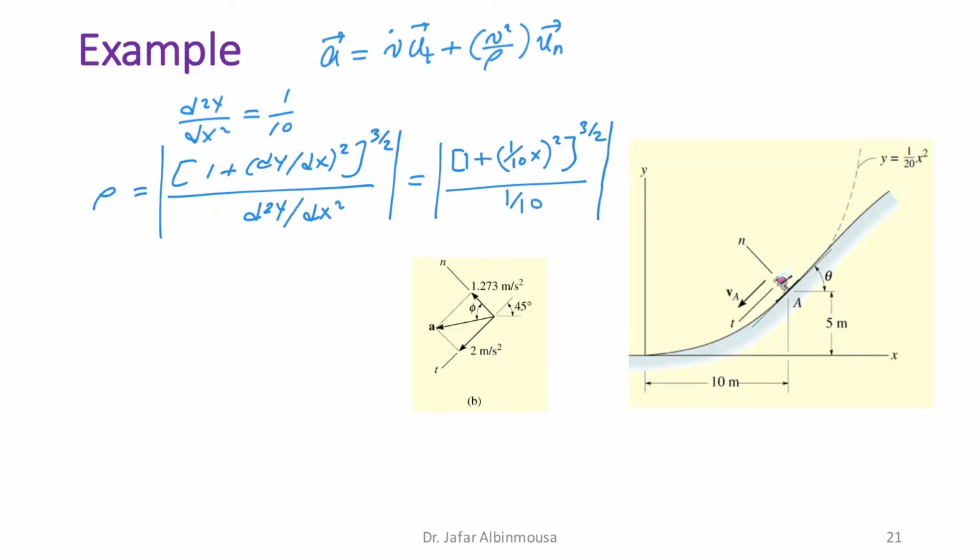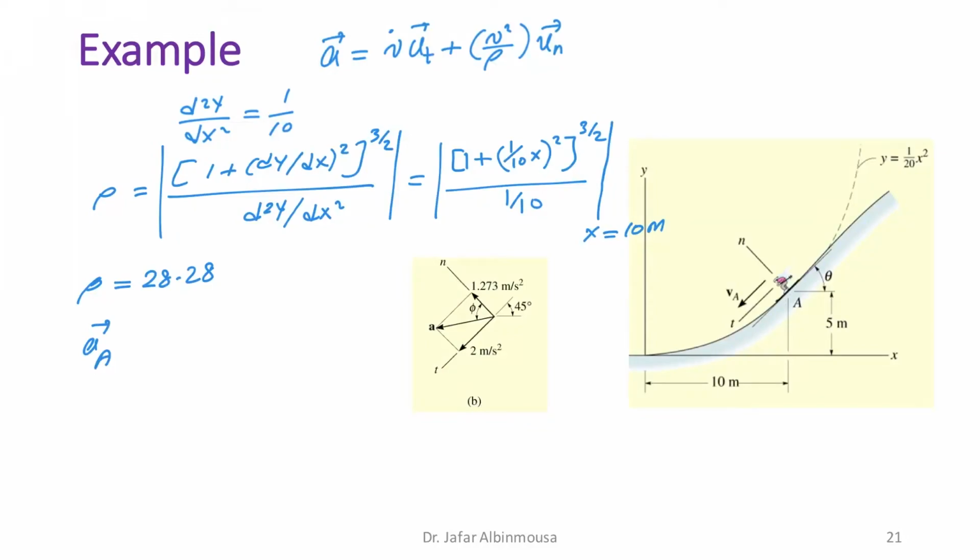Now we should substitute here x as 10 meter, and if we do so, we will get rho equals 28.28.